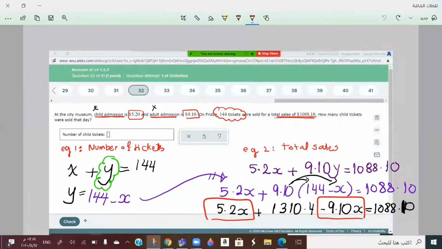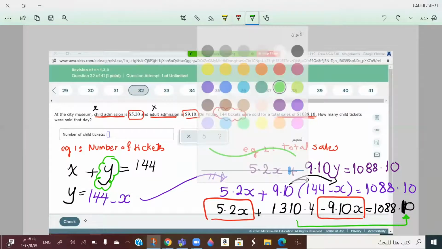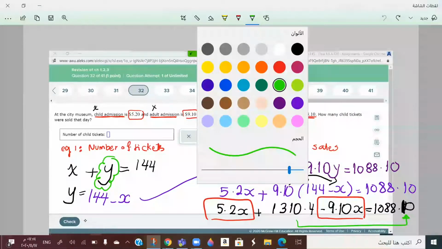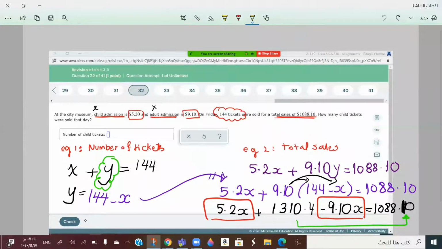Take each with its sign, and you can move this number to the other side. So after moving and after simplification of the like terms, you will simply have your number of tickets for the child admission. It's all about 57. And if you substitute it for the adult, you will have 87.